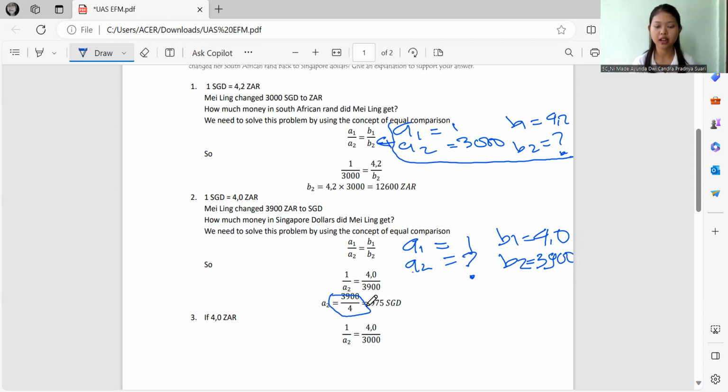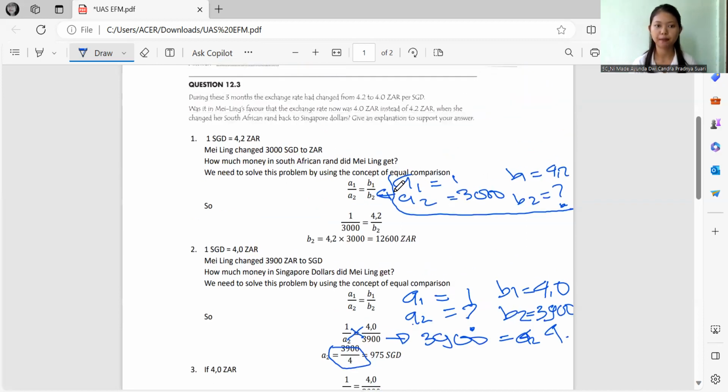I get this by using cross multiplication: 3,900 equal to A2 times 4, so A2 equal to 3,900 divided by 4, which is 975 Singapore dollars.